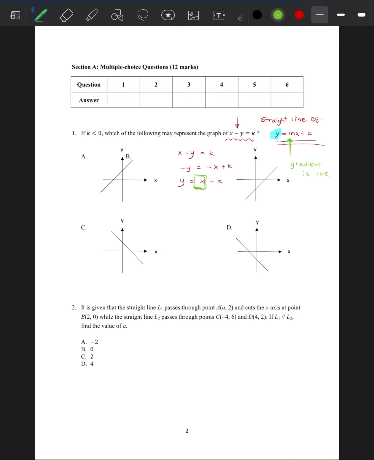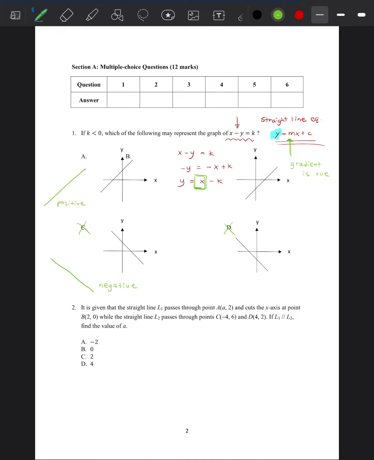If we go from this way to this way, it's positive. If we go from this way to this way, it's a negative slope. So therefore, C and D are negative slopes and can't be the answer. It's just A and B.